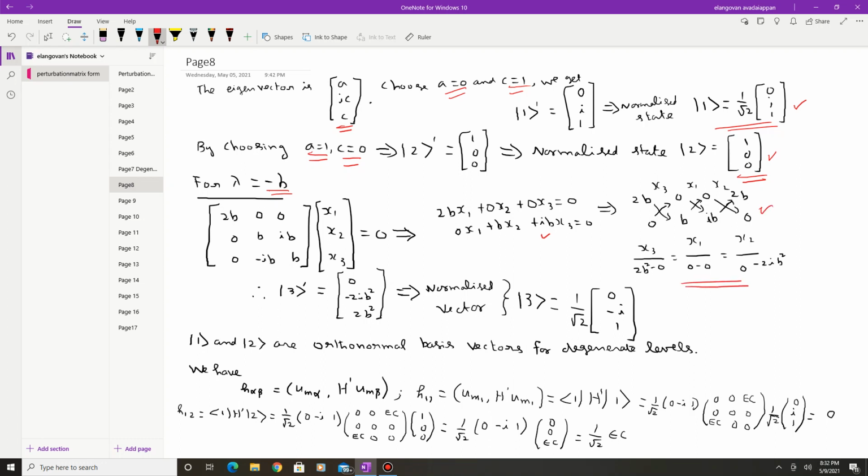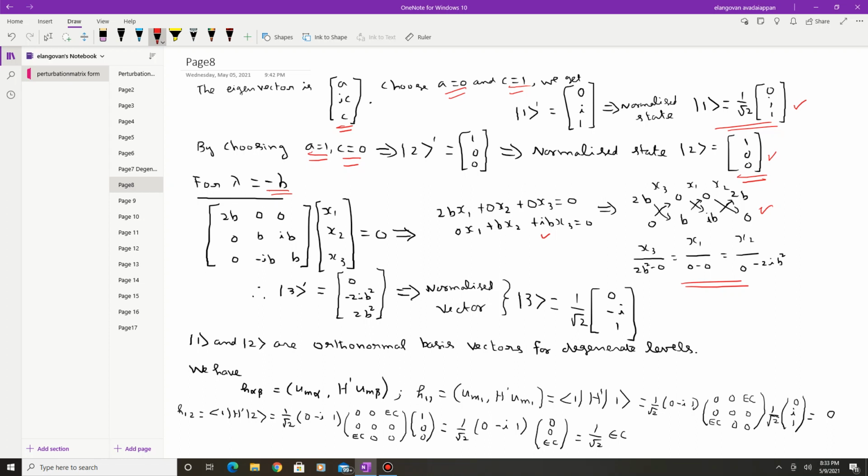So the unnormalized vector 3 is 0, minus 2ib square, 2b square, and the normalized vector becomes 1 by root 2, 0, minus 1. So the normalized means what?